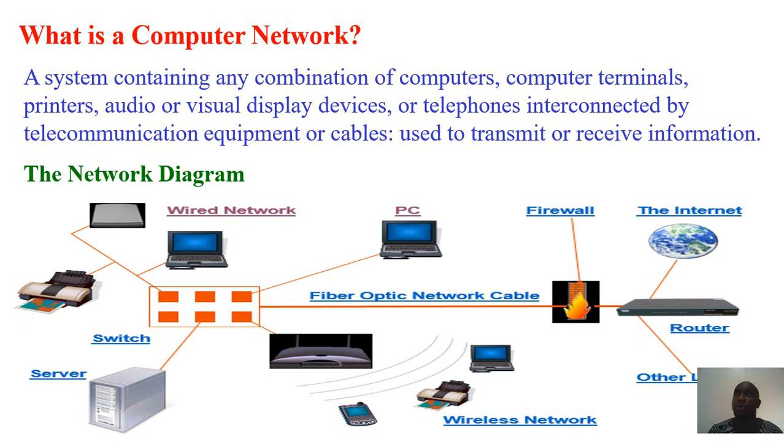Data is raw facts and figures, and sharing enables virtual teams to share and transmit data efficiently. For example, two companies that are apart from each other share information via the internet, and the internet can't work when there are no network devices.